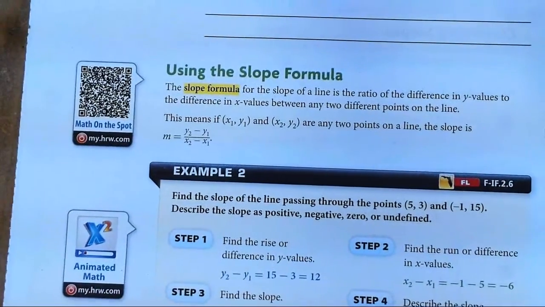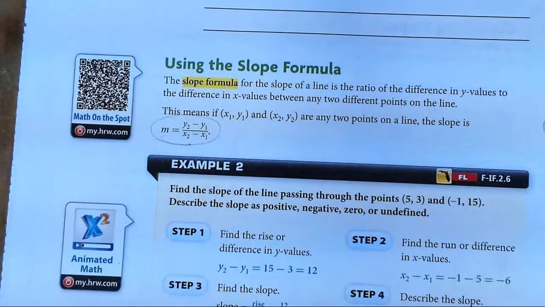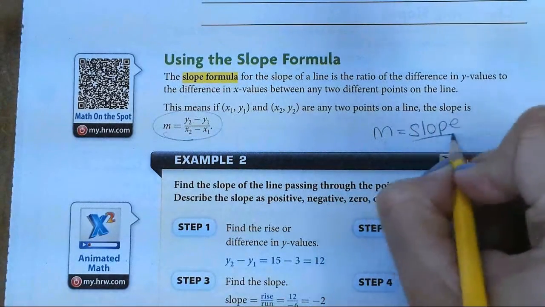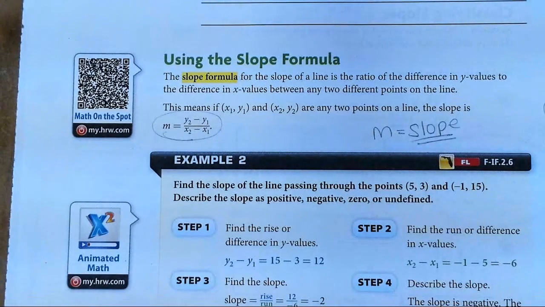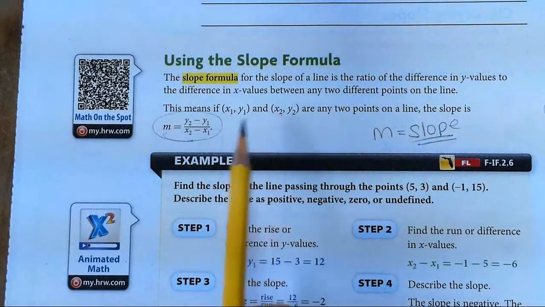So slope formula, basically all you need to know is this. You have M equals, and M, by the way, you need to know M equals slope. You need to know that M means slope. So M equals y2 minus y1 over x2 minus x1. So what that means is you're going to be using the 2 points.